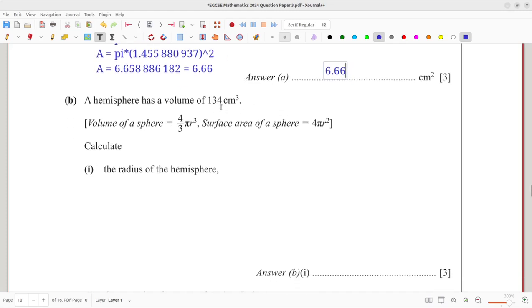Then a hemisphere has a volume of the sphere, surface area, calculate the radius of the hemisphere. So you are given the volume 134 is equals to 4/3 times pi times r to the power 3. That's the volume. Then just need to divide everything. 134 divided by 4/3 times pi.